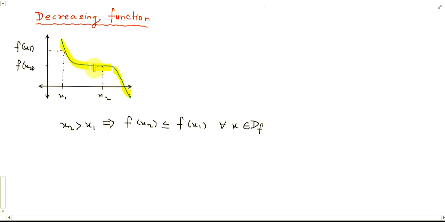Here we have infinite x in this region, which are uncountable, we cannot count how many x are in this region. And where for infinite x f of x2 is equal to f of x1, the function is not strictly decreasing. In fact, the function becomes simply a decreasing function, right?